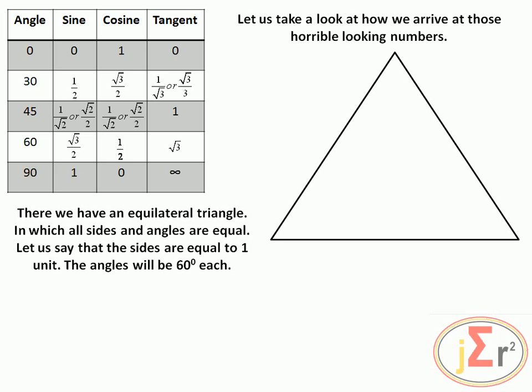But in this particular case, we are saying that each side is equal to 1 unit. It can be anything as long as they are all equal. But the angles need to be equal to 60. So we have our angles 60 each and 1 unit for each side.